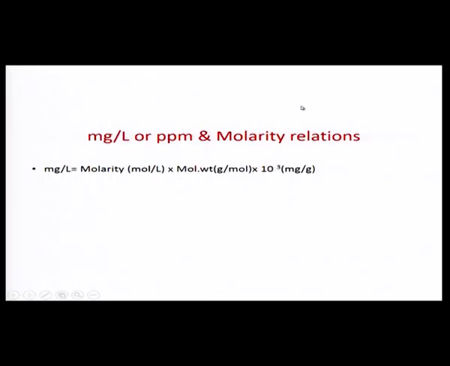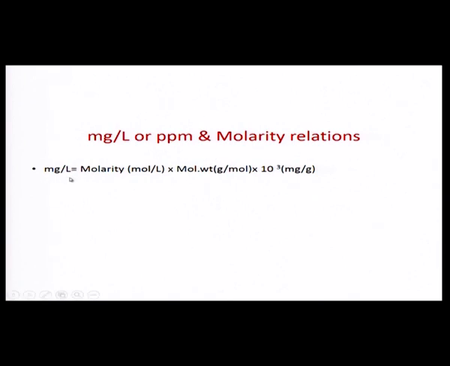Normally we express the concentration in milligram per liter or ppm, and sometimes, very rarely, as molarity. There is a relationship between milligram per liter and ppm. For aqueous solution it is the same, whereas for air pollutants it is different, and the molarity relationship here we should know.